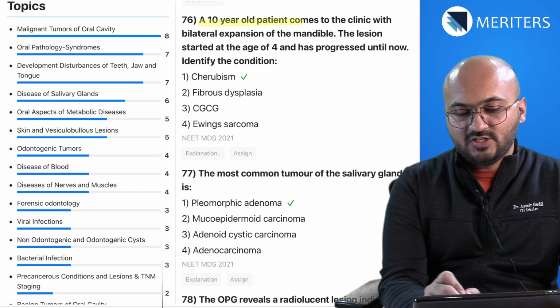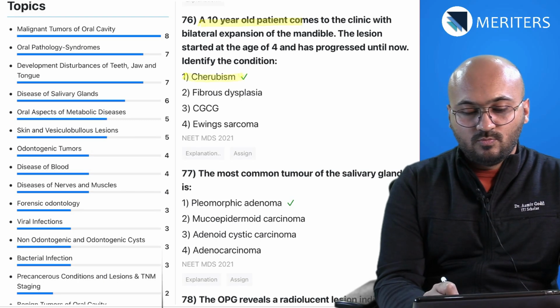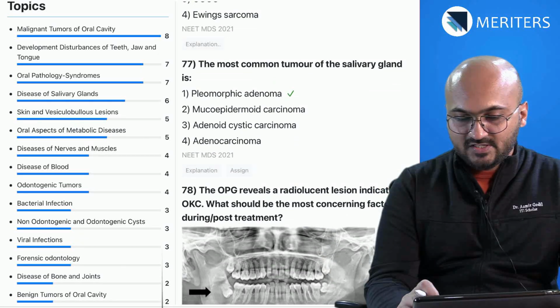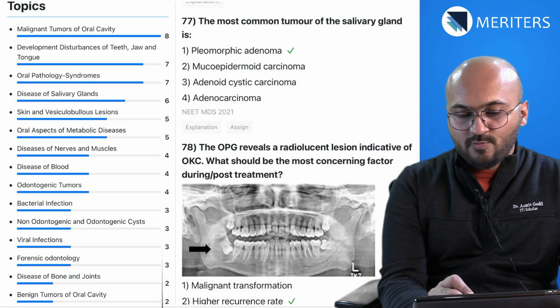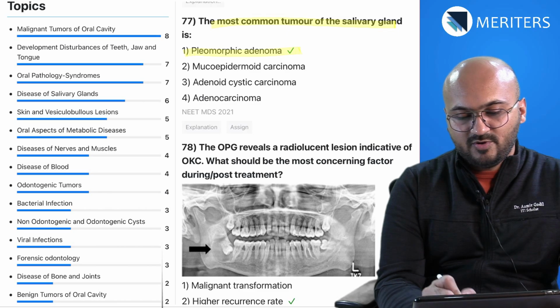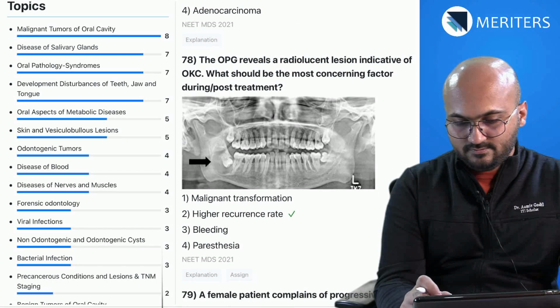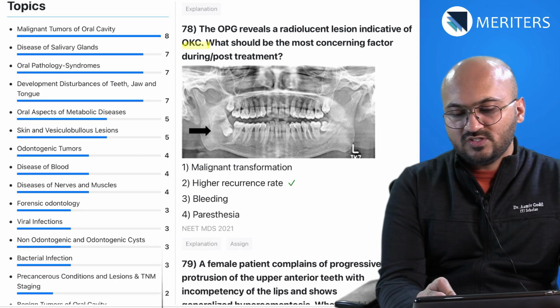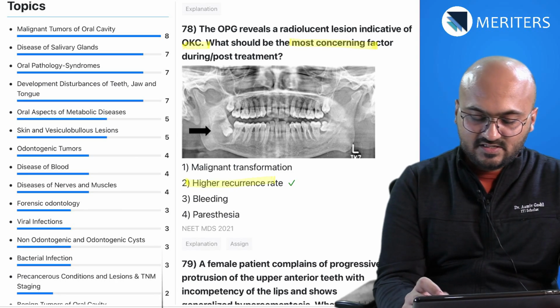Then a clinical question on cherubism. More or less clinical questions in OPATH. Case-based questions. Most common tumor of salivary gland is definitely pleomorphic adenoma. Then we have OKC, and what is the most concerning factor? It has high recurrence rate.